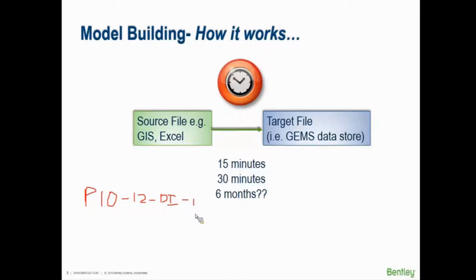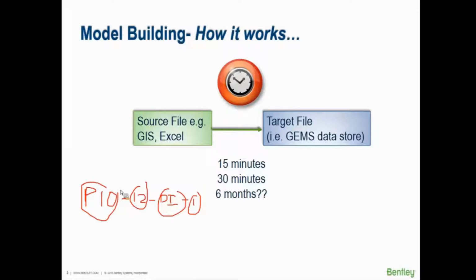Somebody had gone through and typed in, I guess, 12-inch diameter ductile iron. Not sure what the one is, maybe that's zone or something. It's all part of a text string.